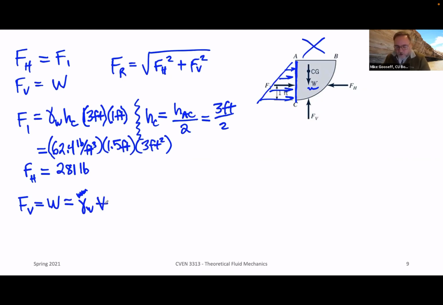So I'll write this out: we know we're going to have 62.4 pounds per foot cubed, multiplied by pi over 4 times the radius squared.